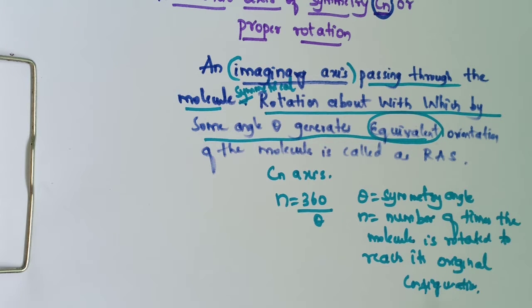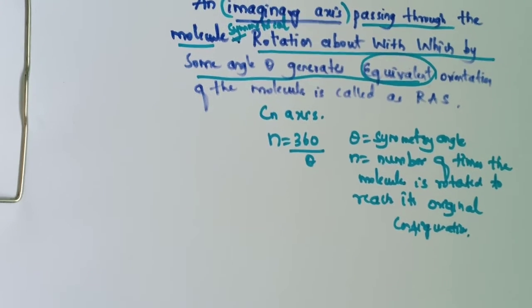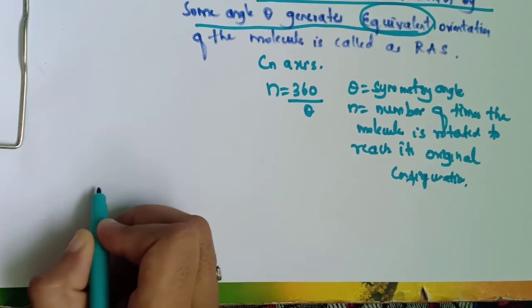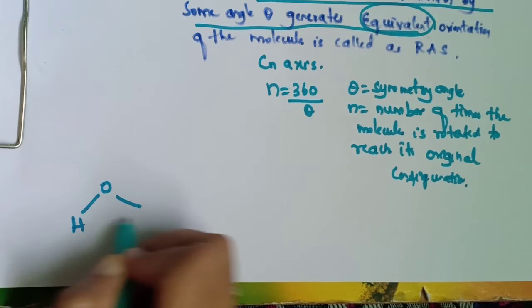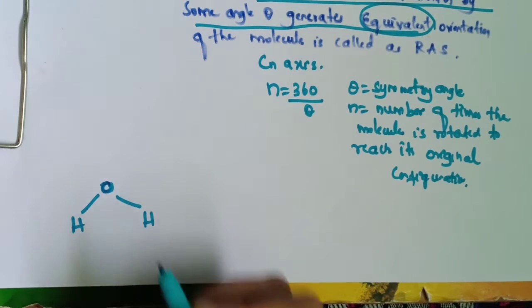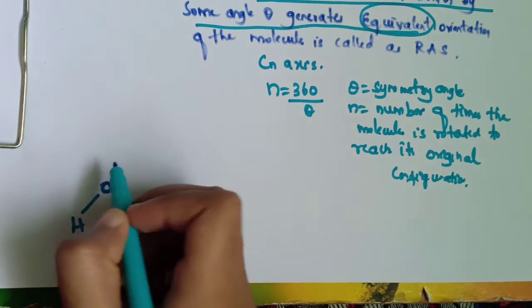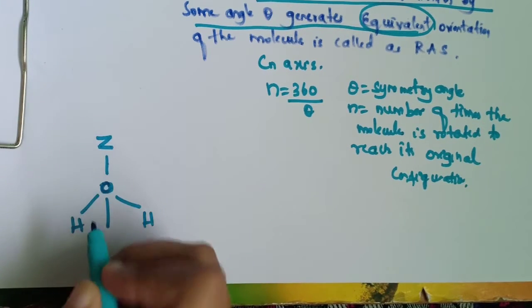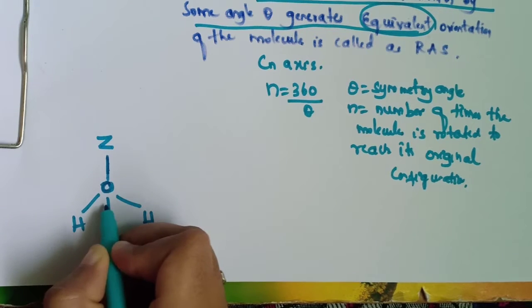Let's take the example of our H2O molecule. Here are the H atoms and here is the oxygen. This is the Z axis. Remember that it is an imaginary axis.